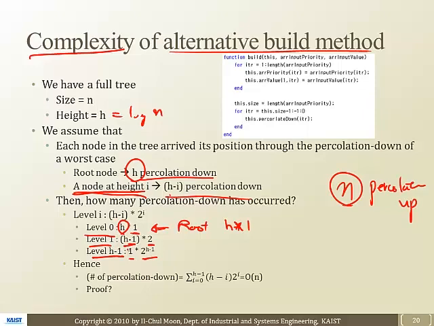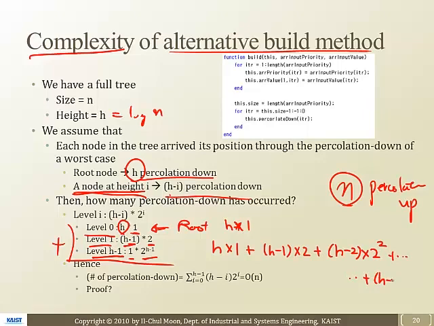So if we are going to sum these things, what happens is h multiplied by 1, plus h minus 1 multiplied by 2, plus h minus 2 multiplied by 4, and so on, plus 1 multiplied by 2 to the h minus 1, right?